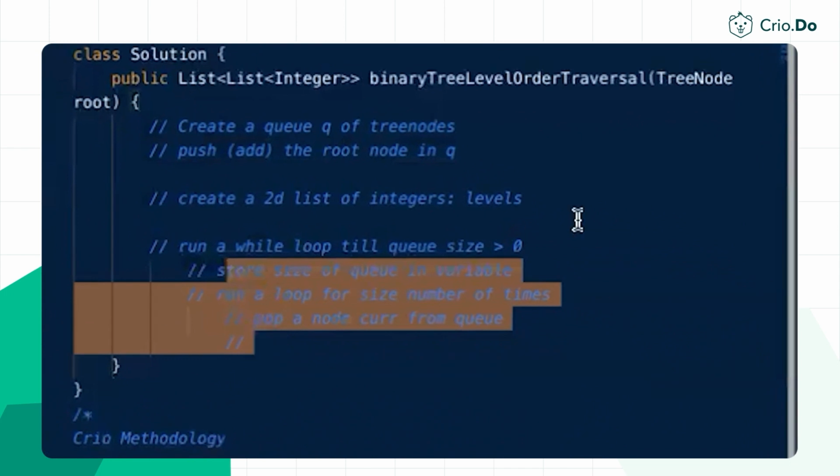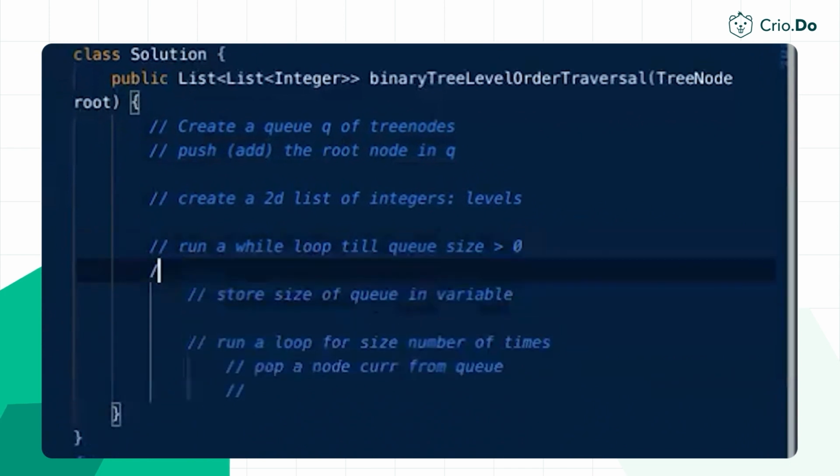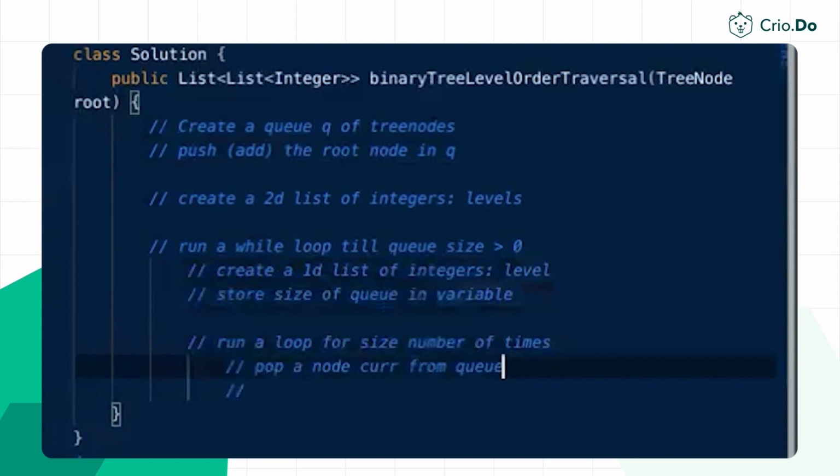That is, before starting the loop, create a 1D array list also. So inside this outer loop, or before this inner loop, we have to create a 1D list. And since the 2D list was named levels, we will name the 1D list level, a single level.